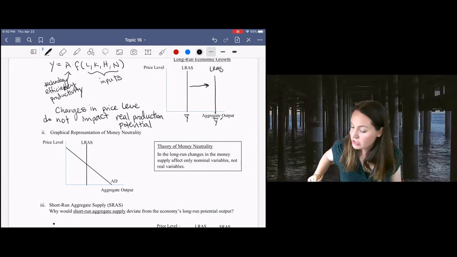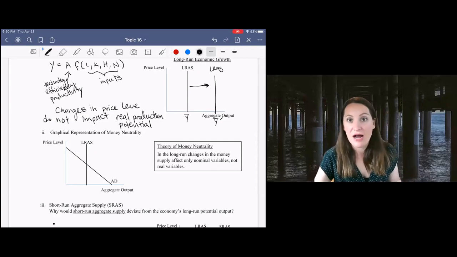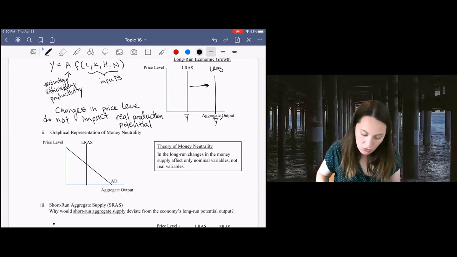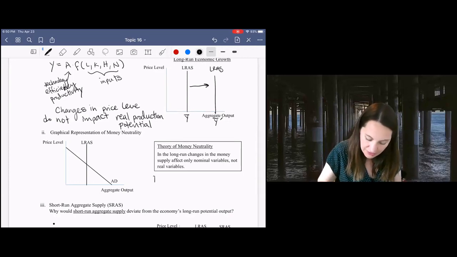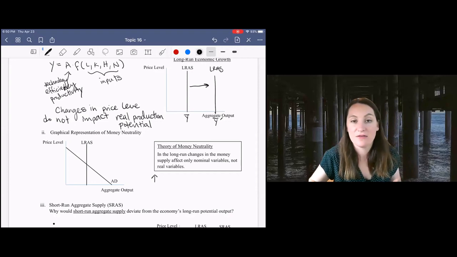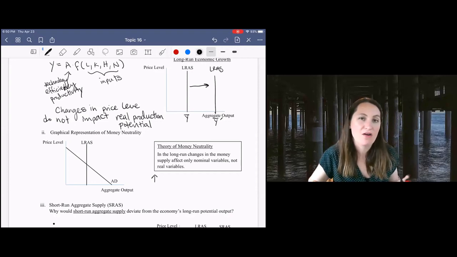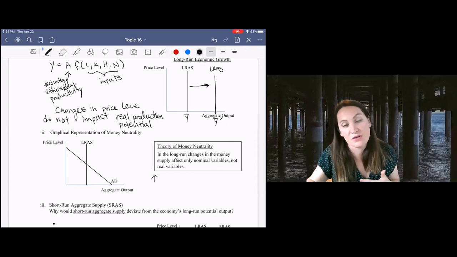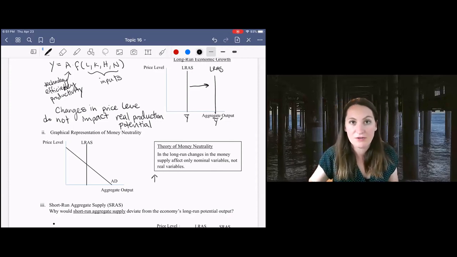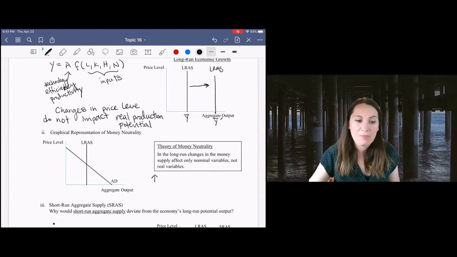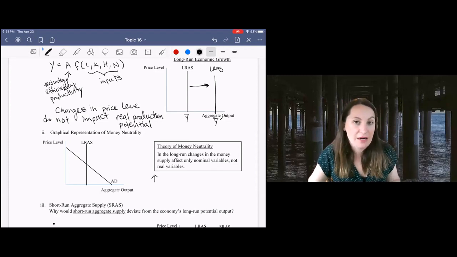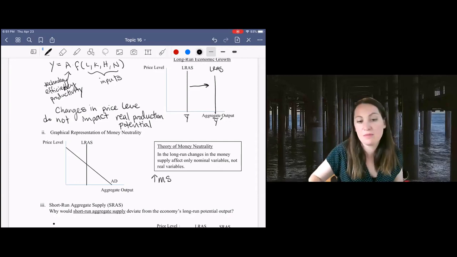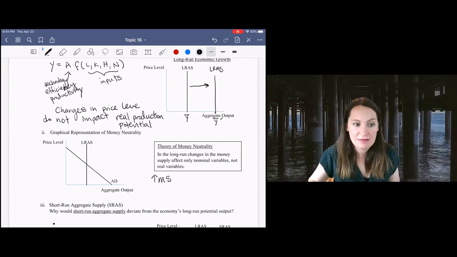All right, so we can show this theory of money neutrality by thinking about how a change in money supply would work in the context of this long run model. And then, of course, we're building this model mostly to understand short-term business cycle fluctuations, and we'll get to that when we introduce short-run aggregate supply. But for now, we just have long-run aggregate supply and aggregate demand, and we want to think about how an increase in money supply would affect this situation, right?